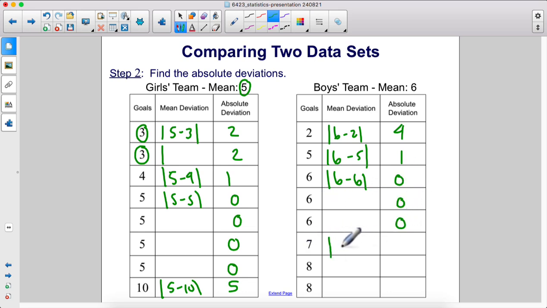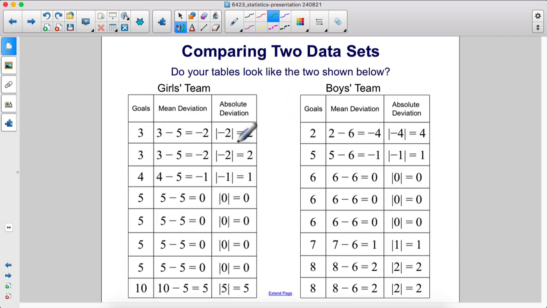We have absolute value of 6 minus 7 is 1, right? So 6 minus 7 is negative 1, but the absolute value makes it positive. We have 6 minus 8, absolute value is 2, and this one's also 8. So there you go, the absolute deviations. Do your tables look like the two shown below?